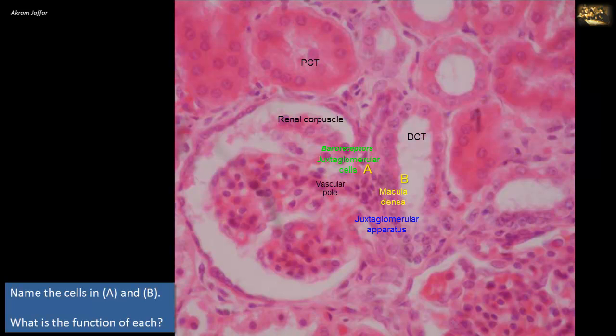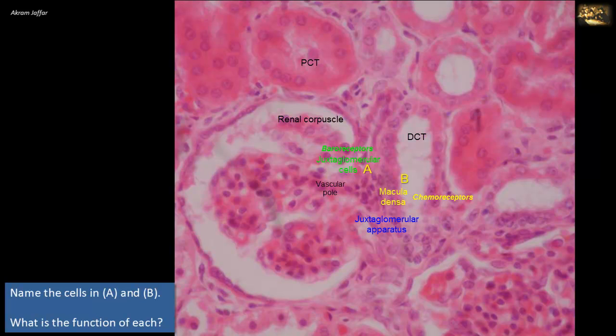At the same time, the cells in the macula densa, the second component of the juxtaglomerular apparatus, are chemoreceptors that respond to changes in sodium concentration and the volume of the glomerular filtrate as it flows past them in the distal convoluted tubule.